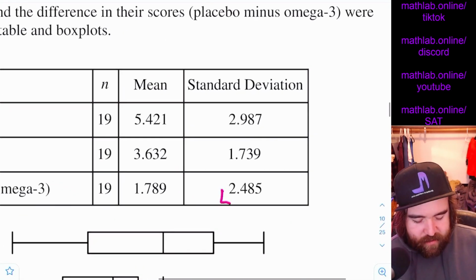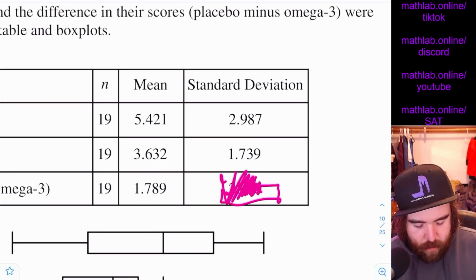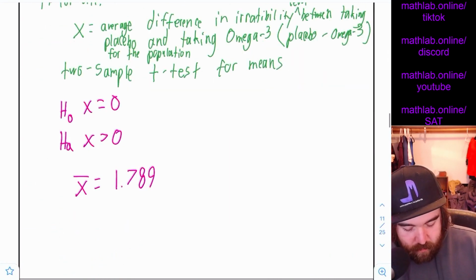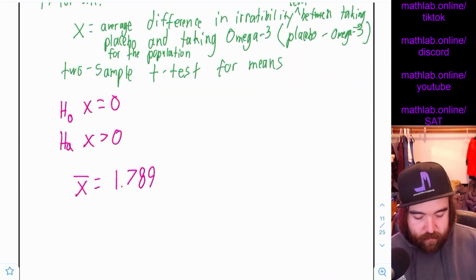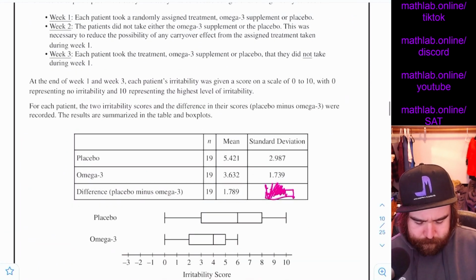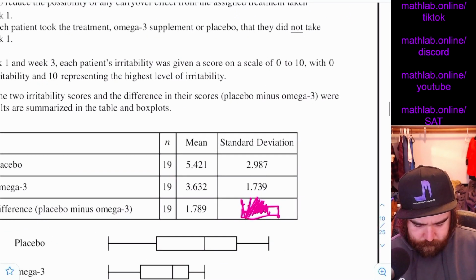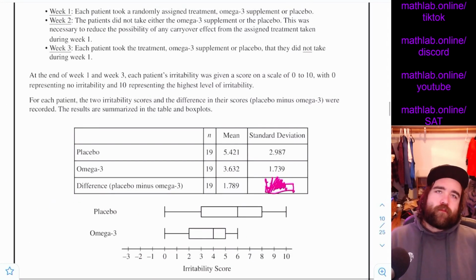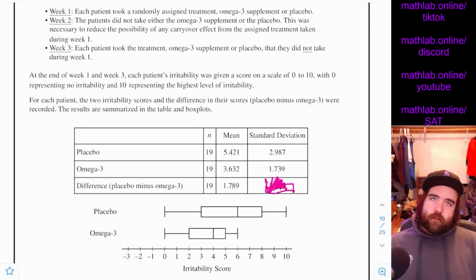But we can't use this standard deviation, right? I was going to have to calculate it because it's 2-sample. I feel like we have to calculate it. Because we're doing like the sampling distribution here. Is this a 2-sample? Or is this a 1-sample actually?